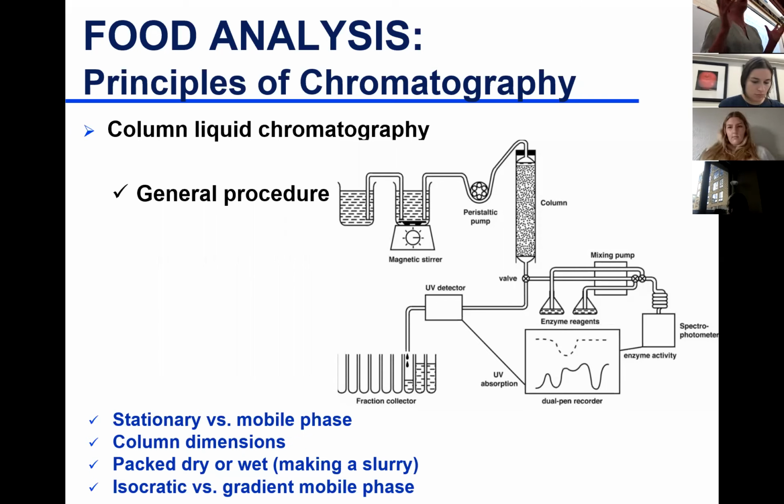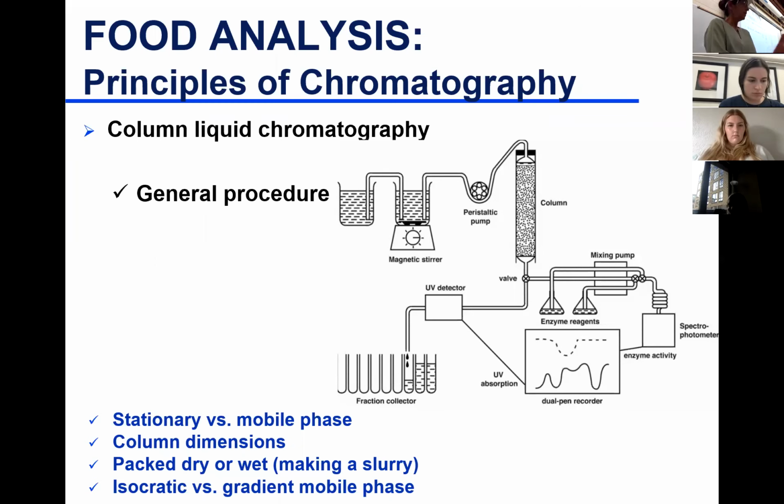But here's the common misunderstanding: increasing the strength can be in any direction, depending on your mode of separation. It's not always increasing the organic phase. Sometimes if you have normal phase chromatography, you start with a nonpolar mobile phase. Then to increase the strength, you add water. Okay, see that point? So it's not always increasing the organic phase.